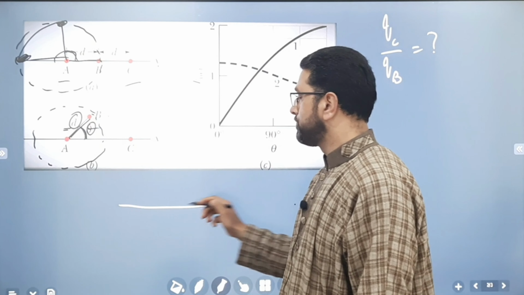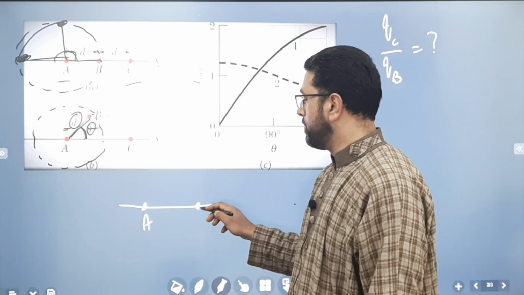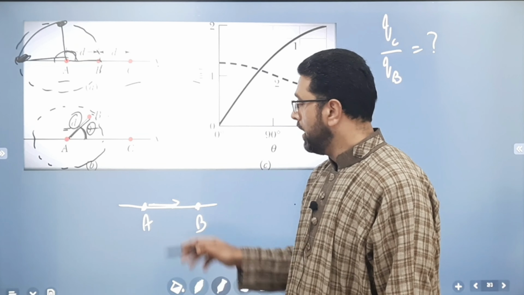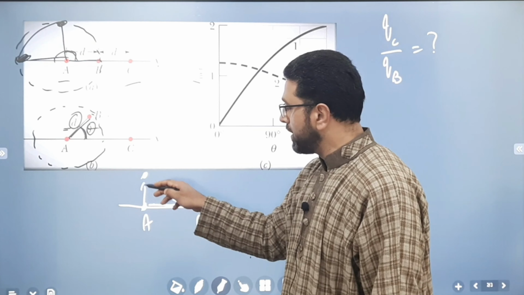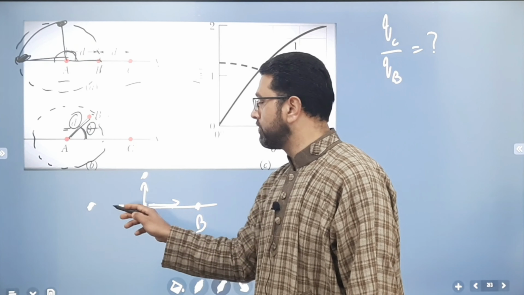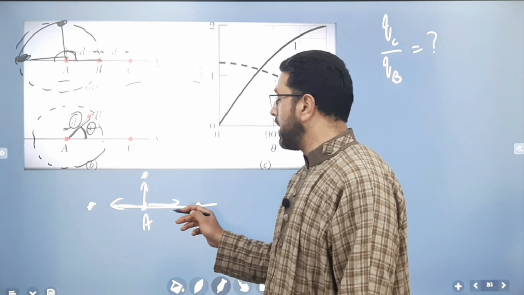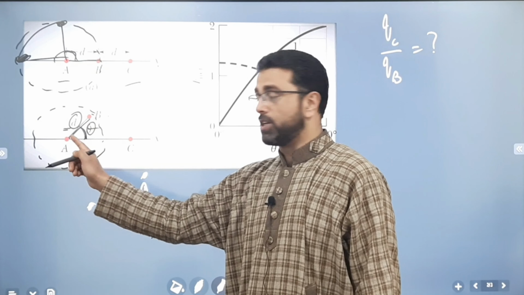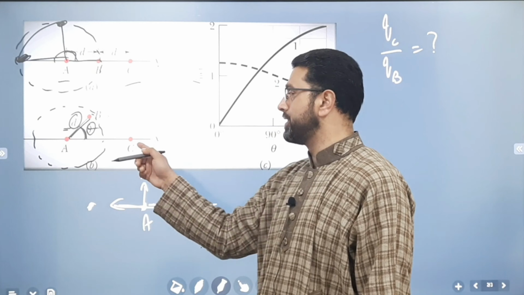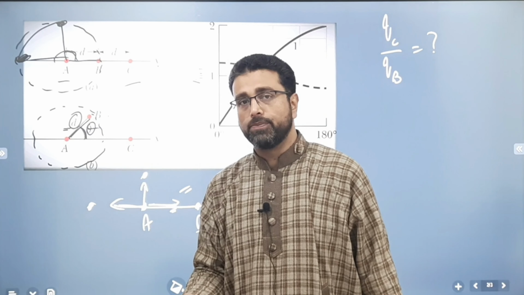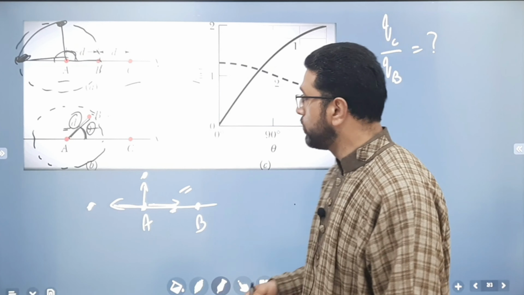So if A is here and B is here, let's suppose B is unlike A, so B will attract it. But when B is here, it will attract it this way. So the direction of that force changes. If the direction of one force changes, then the net force changes, because A is not experiencing only this force, A is experiencing force from C also. So the net force on A will change, both in magnitude and direction.